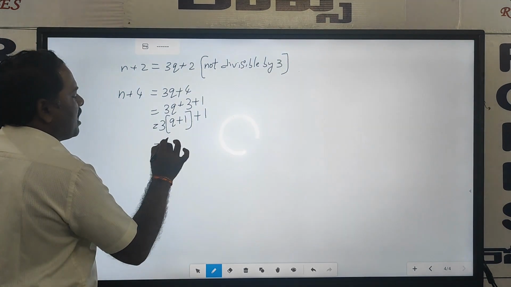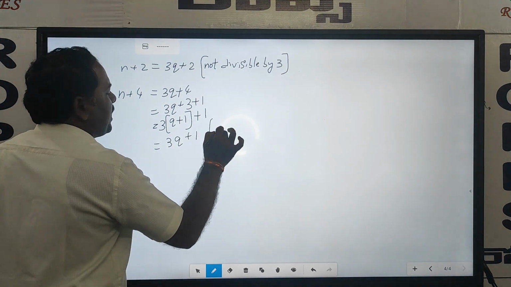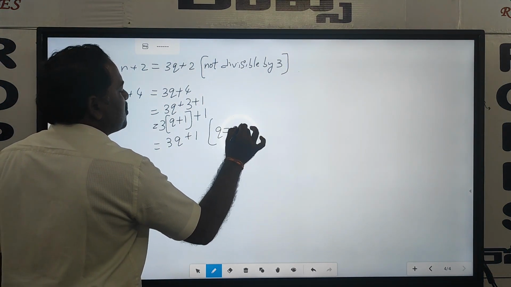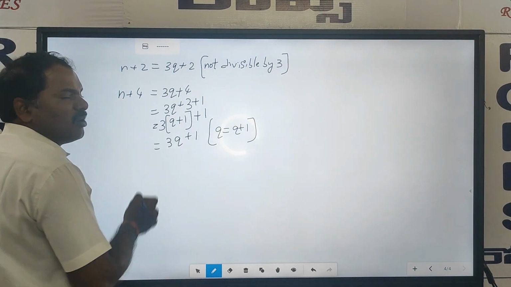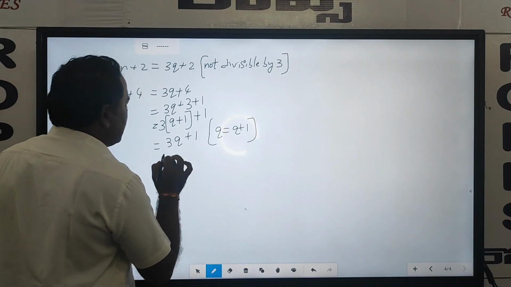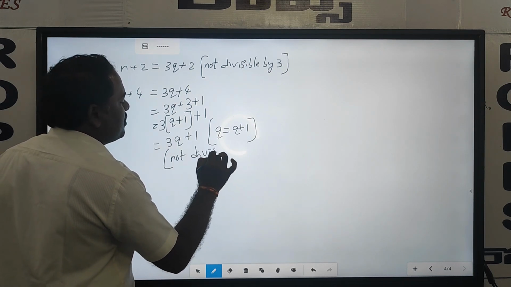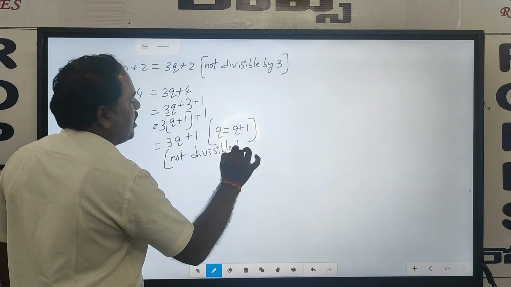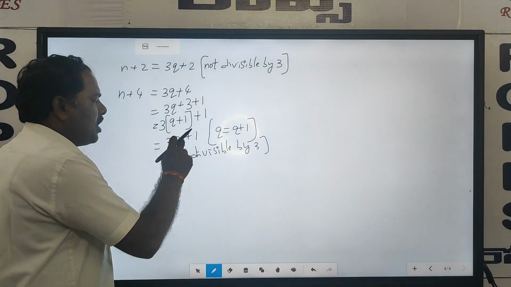Now again we can write 3q plus 1, where I am taking q as q plus 1. So here we are getting remainder 1. So it is not divisible by 3, because the remainder is 1. That's why it is not divisible by 3.